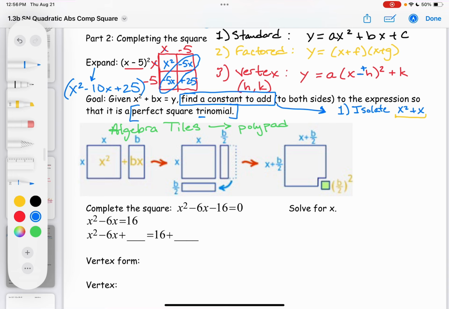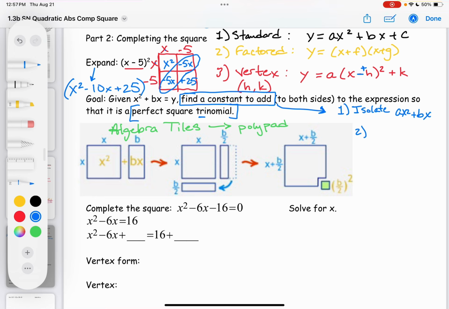Let me rewrite this real quick. Let's say you want to isolate ax squared plus bx.